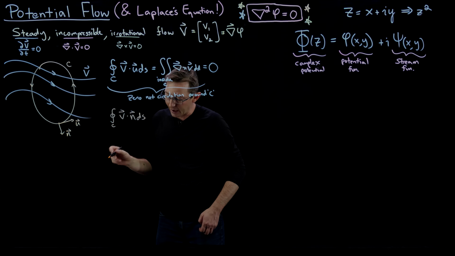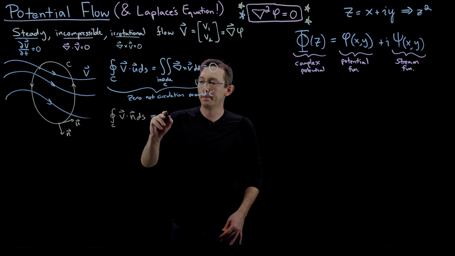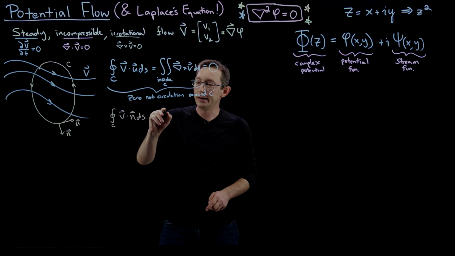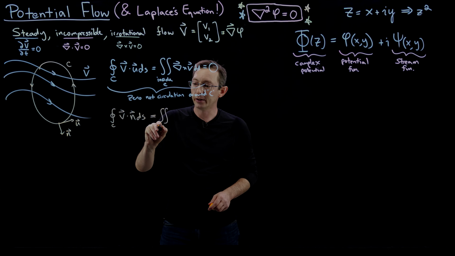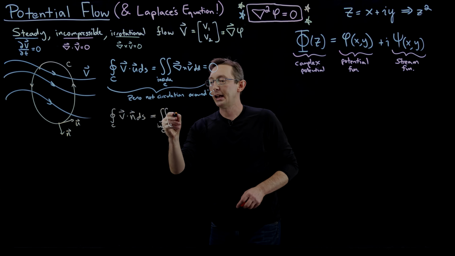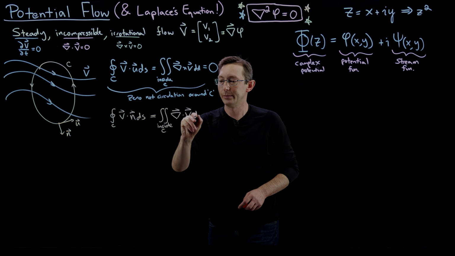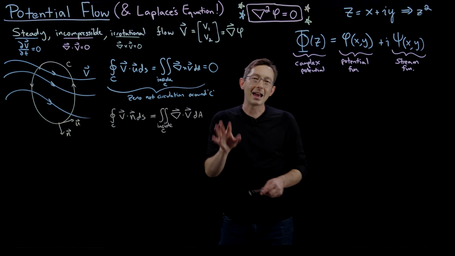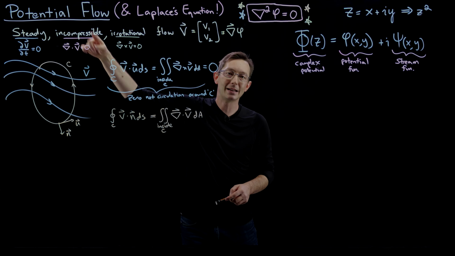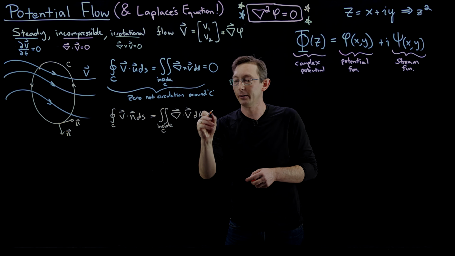And when we integrate that around, we find similarly by Gauss's divergence theorem that we have a volume integral inside C of the divergence of V times every little area element. And again, by construction, we know that this is an incompressible field, and so the divergence is 0 everywhere.